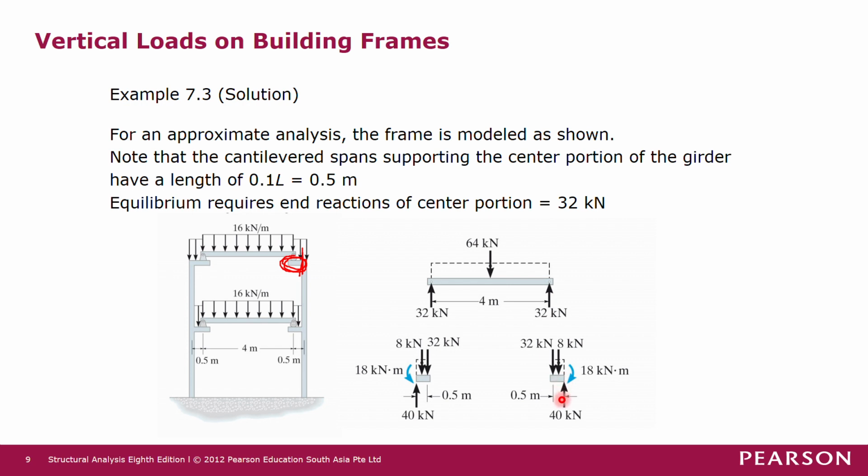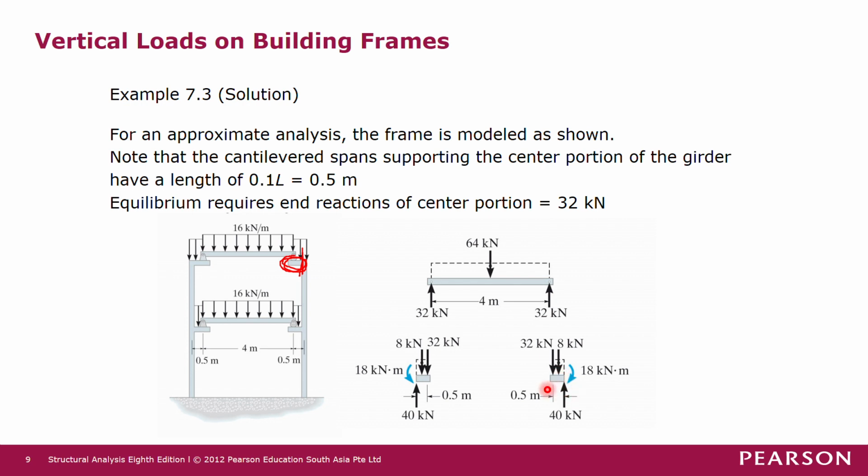And the total length of the uniform force is 0.5 meter. So 16 times 0.5, we get 8 kilonewton resultant force. This 8 kilonewton resultant force will act at the centroid of the uniform force. So this distance should be 0.25 meter from the support here.